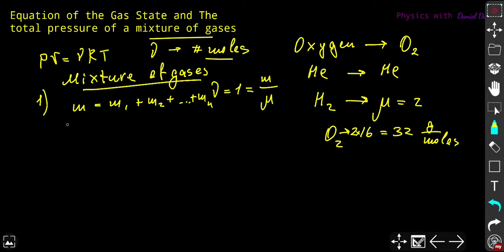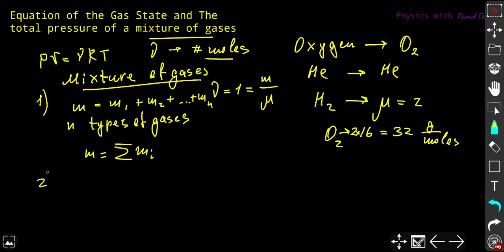So let's say we have a mixture of n types of gases. We just add them up. Another way to show that: we sum up the m_i's in order to get the total mass.